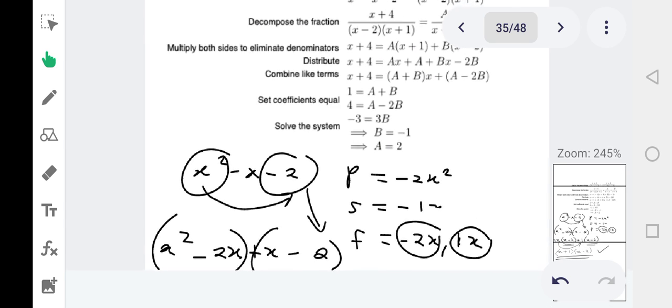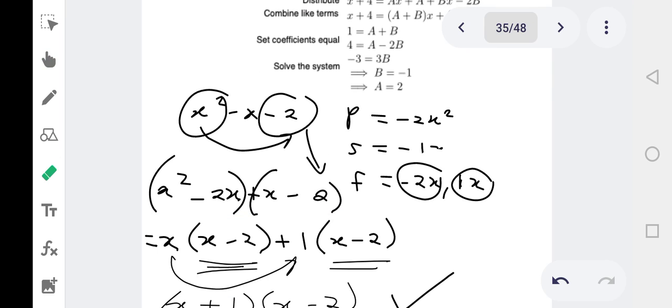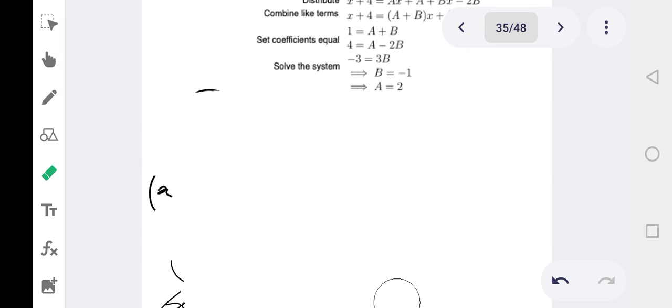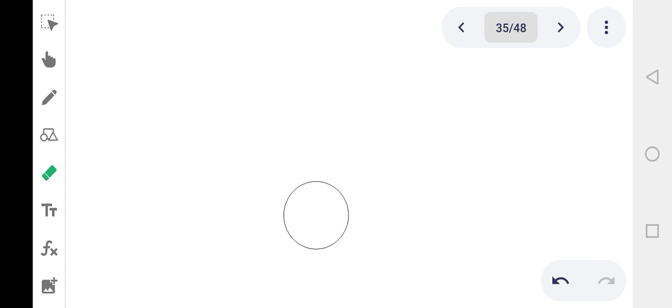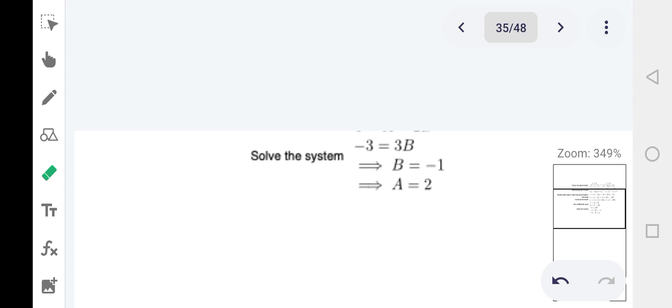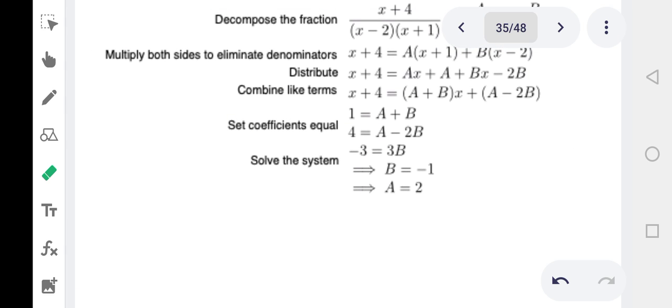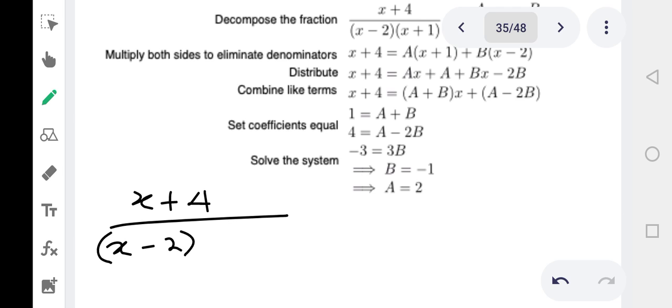Let me show you what we do from there. Let me rub here quickly so that I show you how to do that part. We've got x plus 4 over x minus 2 times x plus 1.